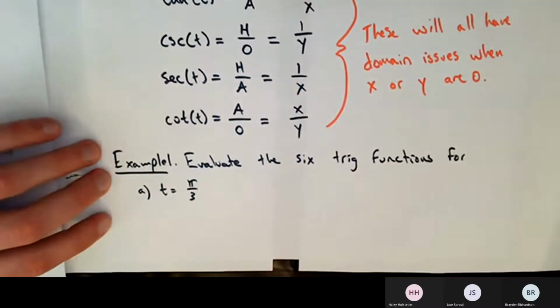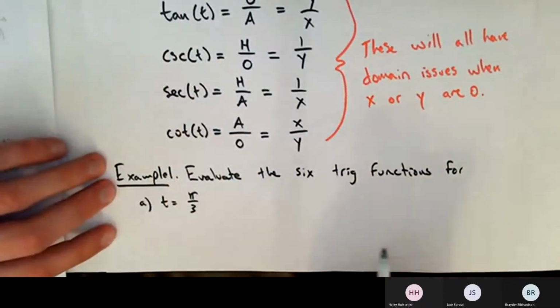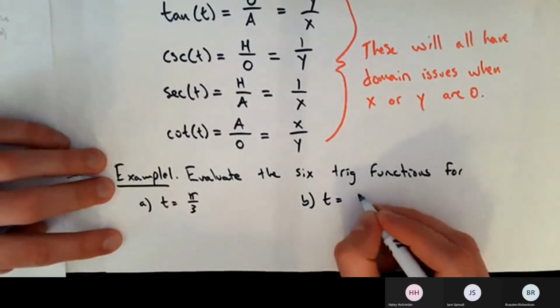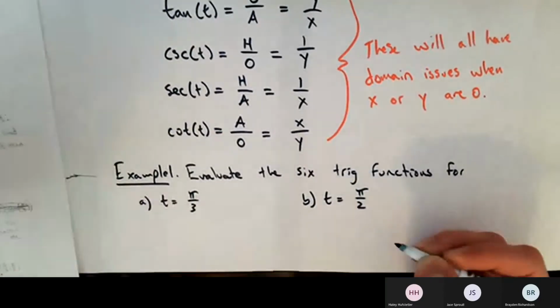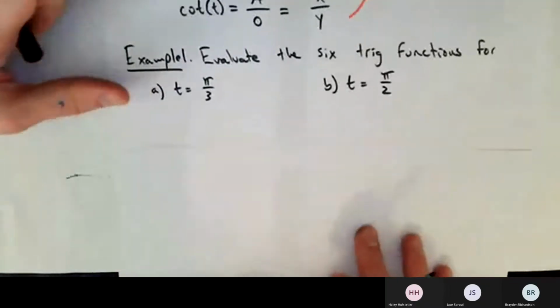Evaluate the 6 trig functions, so all 6, so sine, cosine, and then these 4, for t equals pi on 3, and then we'll also do t equals pi on 2. I've got a couple other ones listed, but I think I'll skip those just for the sake of time.